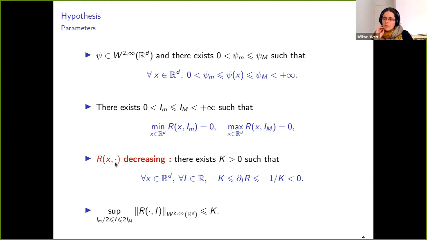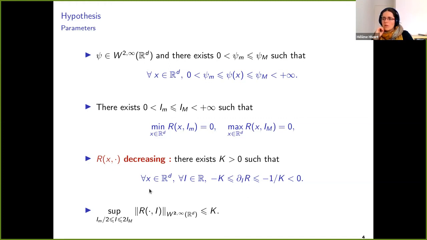Another important assumption, which is related to the previous one, is that R is decreasing with respect to its second variable. R is smooth, let's say it has as many derivatives as you want, but it has to be decreasing, and the derivative with respect to I is bounded and is never zero.